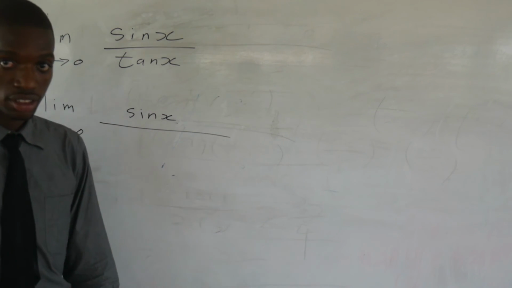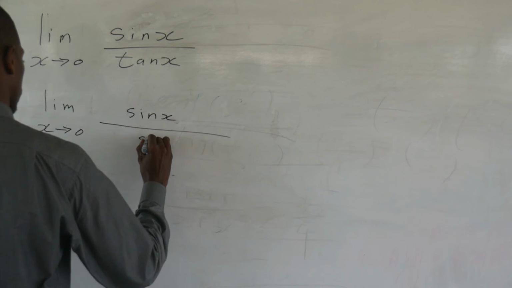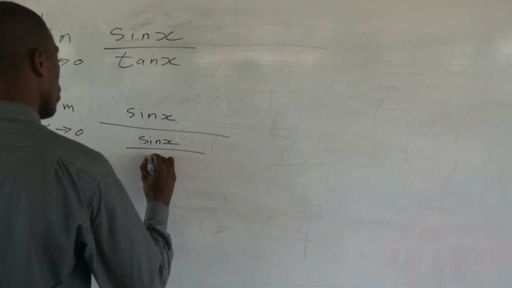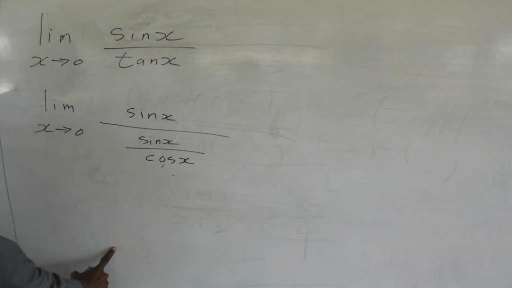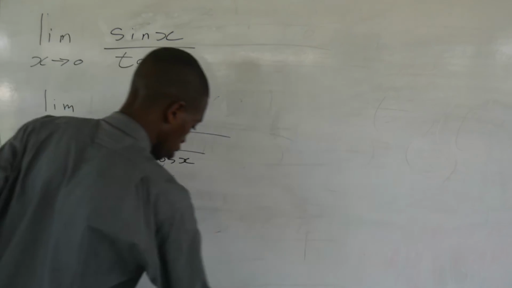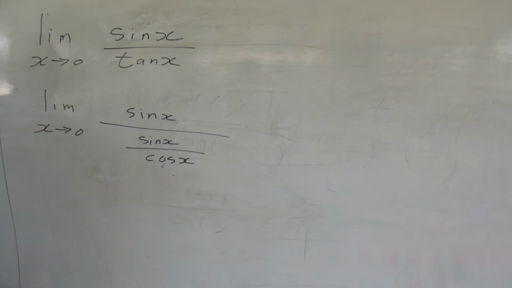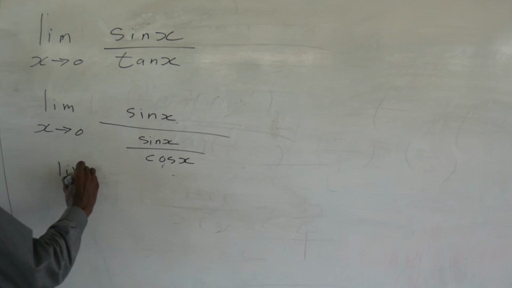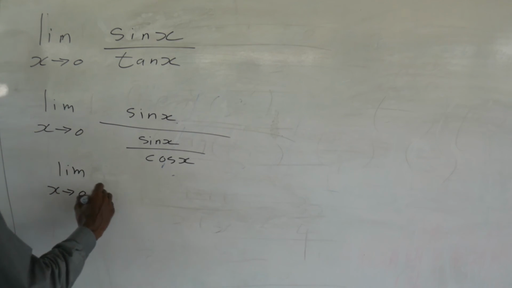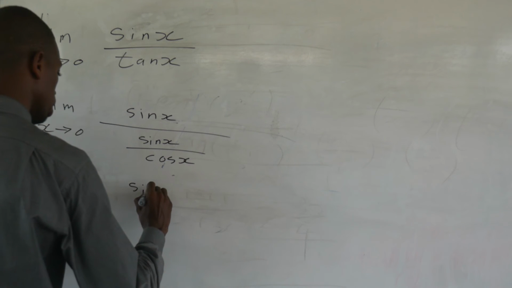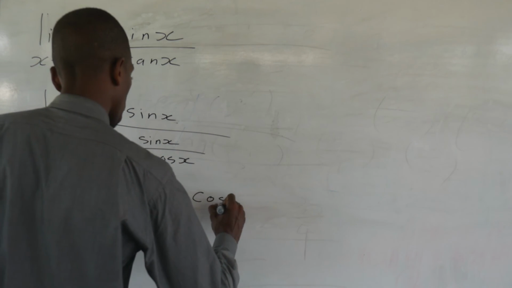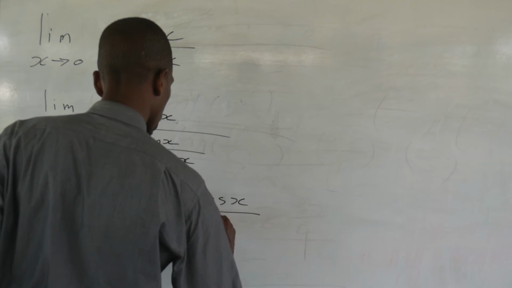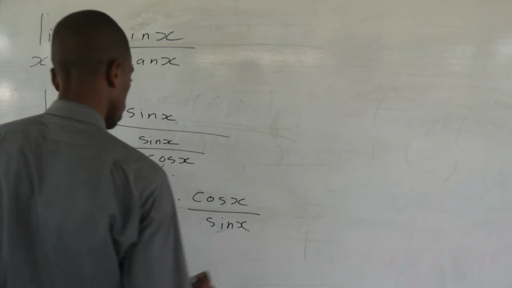So tan x is sine x over cosine x. Now this, of course, is the same as sine x multiplied by cos x over sine x.